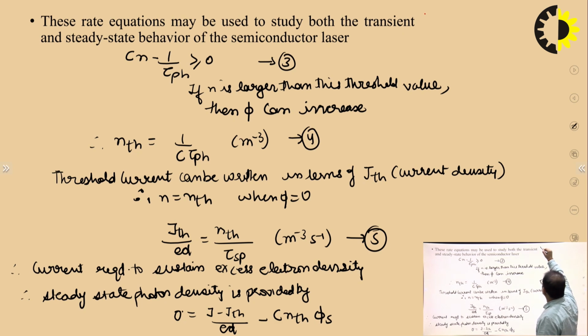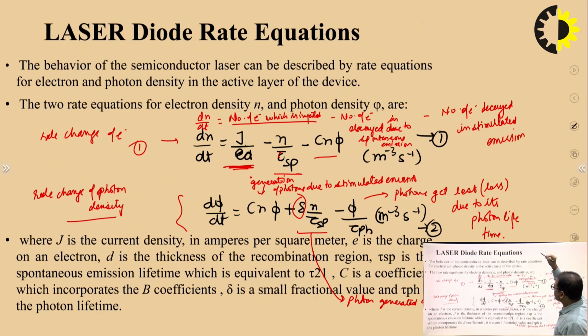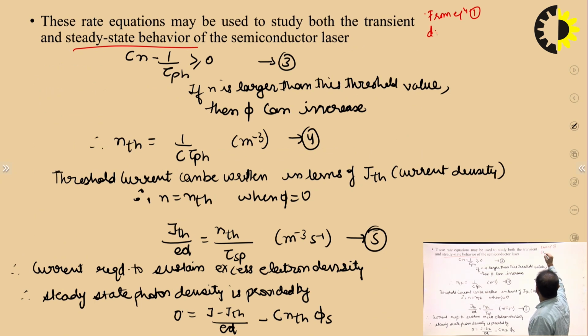Now if I want to say that the laser oscillation gets sustained, we have to study the steady state behavior of the semiconductor laser. Further, from equation number 1, if the steady state equation holds, dN by dt is equal to 0, and ignore the spontaneous emission, because in laser oscillations we mainly consider the stimulated emission.